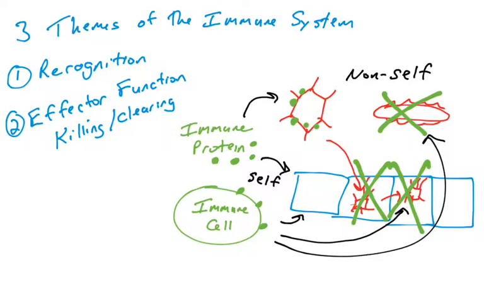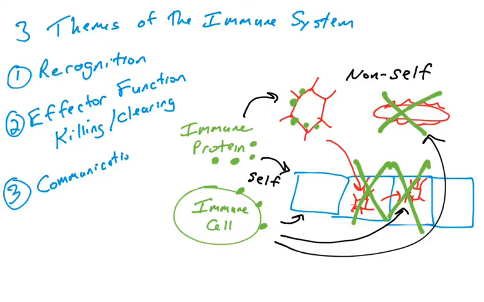So an effector function refers to the physiological effect of recognizing the pathogen and help in neutralizing or killing the pathogen. So when we talk about the immune system and immune cells and immune protein, some of the effector functions we'll see involve clearing the pathogen, killing the pathogen, poking holes in the pathogen, preventing the pathogen from attaching to our cells. So these are all called effector functions.